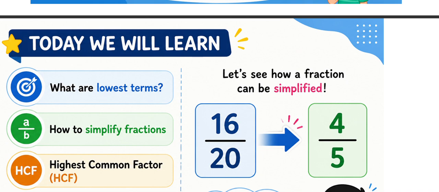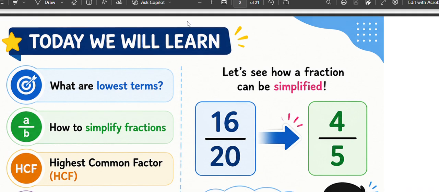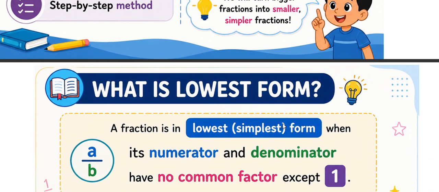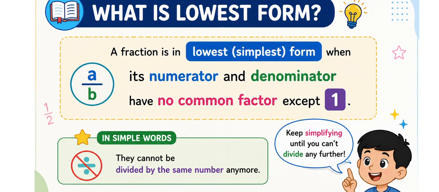Okay, so let's see how to find the lowest term, the simplest form, of a fraction. Now, first of all, what is the lowest term? What is the meaning of lowest form? A fraction is in lowest or simplest form when its numerator and denominator have no common factor except one. For example, a upon b.